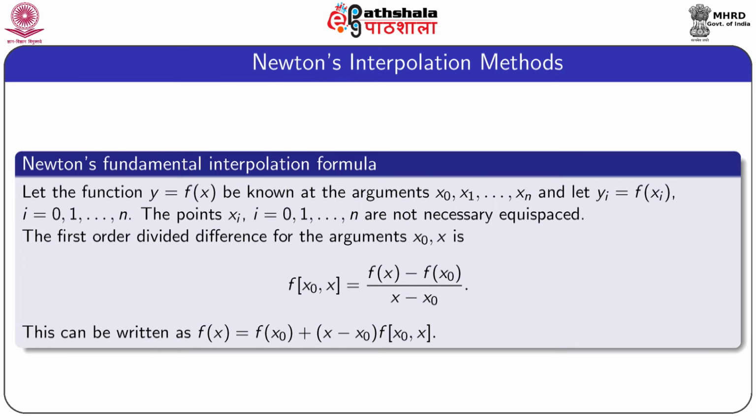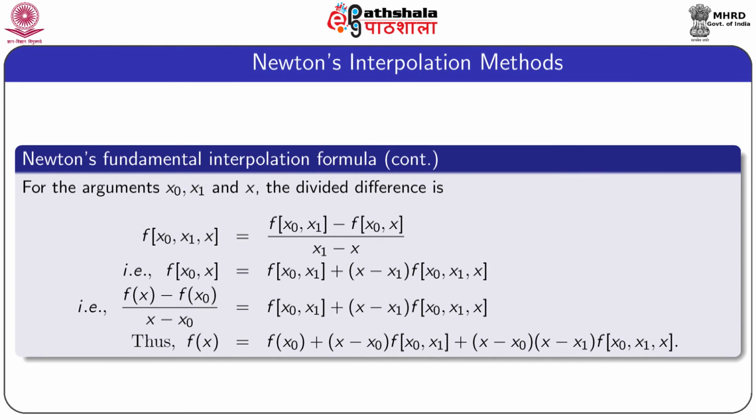Now, the first order divided difference for the arguments x0 and x is f[x0, x], equal to f of x minus f of x0 by x minus x0, and this expression can be written as f of x equal to f of x0 plus x minus x0 into f[x0, x].